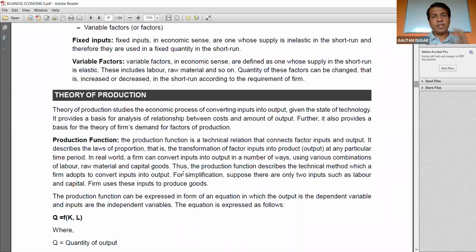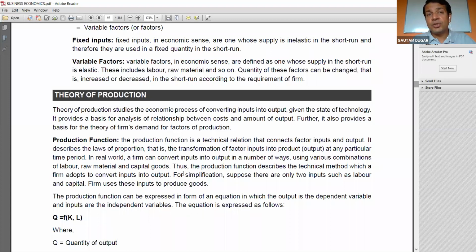Both ways: with a given combination of factors of production, how much maximum output can be produced, or for producing a given level of output, the minimum factors of production required, that is the production function. It shows the technical relationship between inputs and outputs. Now, since there are two time periods, the short period and the long period, we have two types of production function, the short run production function and the long run production function.